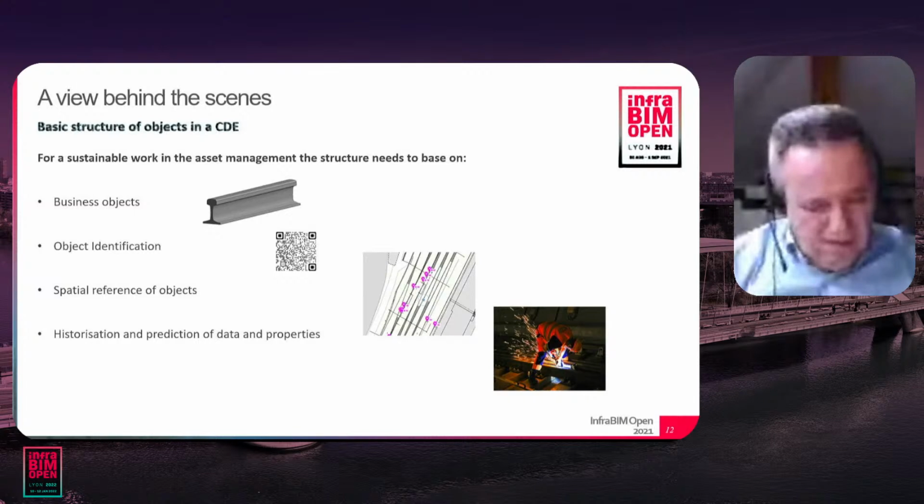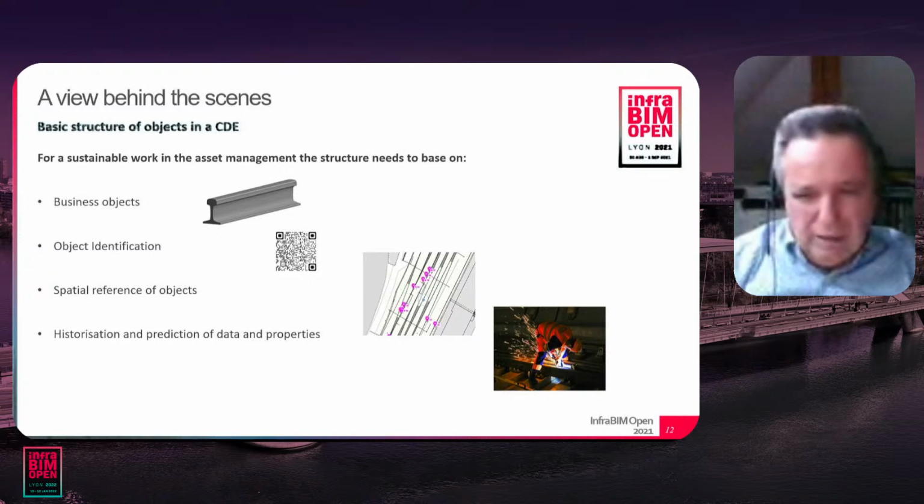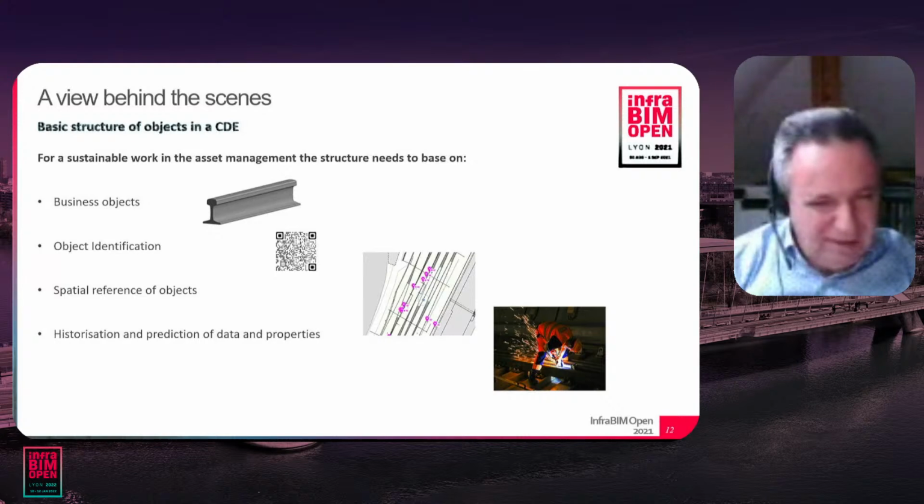It's a unique object identification which permits us to manage and to retrieve the object over the life cycle. The second thing is also very important. It's the spatial reference of the object, which permits us to position it in the real world. And the third thing is the time, the temporal aspect, so the historization and the prediction of the data and properties of the objects, to be able to follow all the life of the object in time. And Mark will now present some details on that.